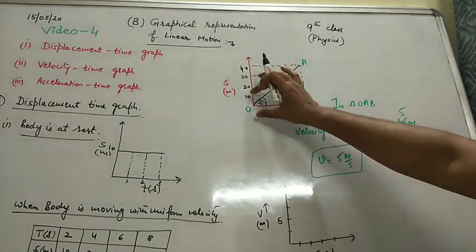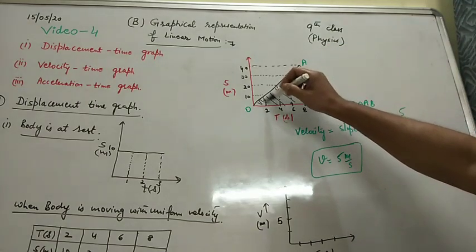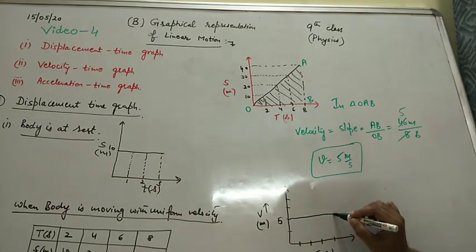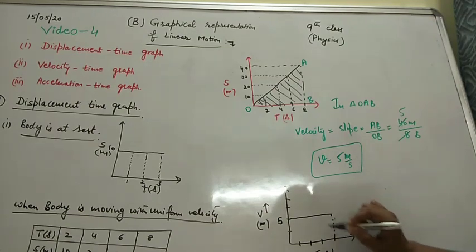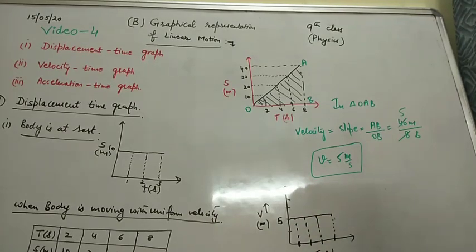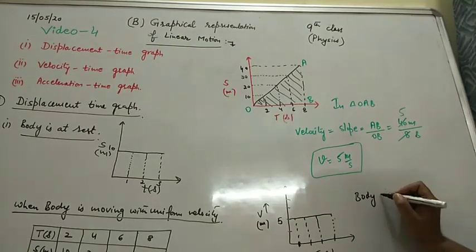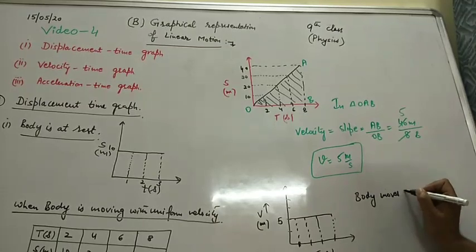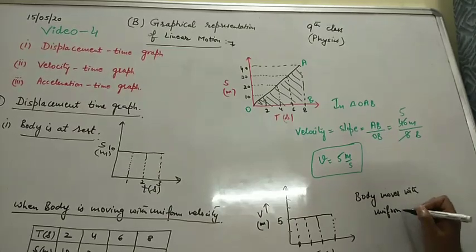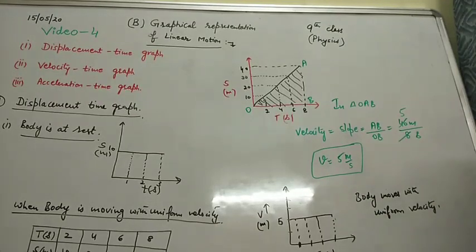For this small triangle also the slope will be the same, and even if you consider this full triangle, the slope will remain the same. So for all the intervals I have taken earlier, velocity is going to be the same, that is 5. So it means the body moves with uniform velocity.